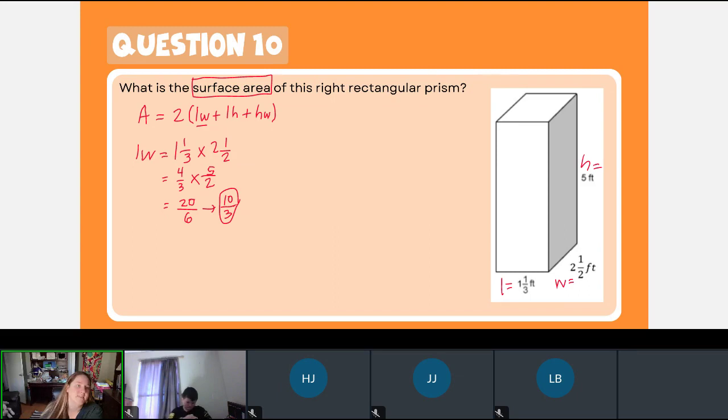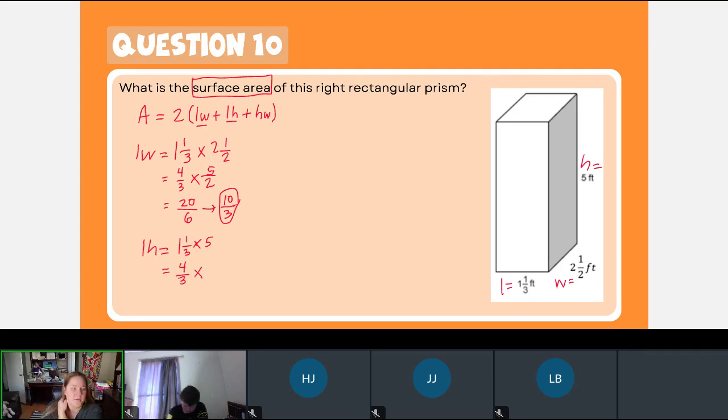The next one is length times height. So let's do that one right here. Length times height. Our length is 1 1/3. Our height is 5. So again, let's make that an improper fraction, which we know now is 4/3 times 5.